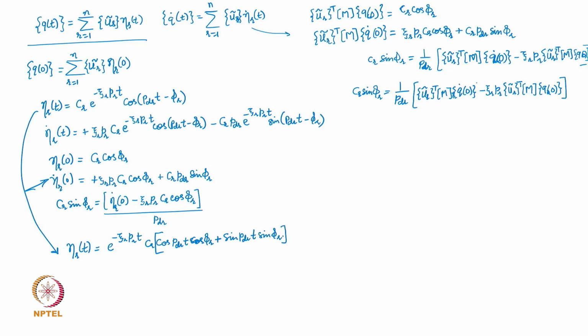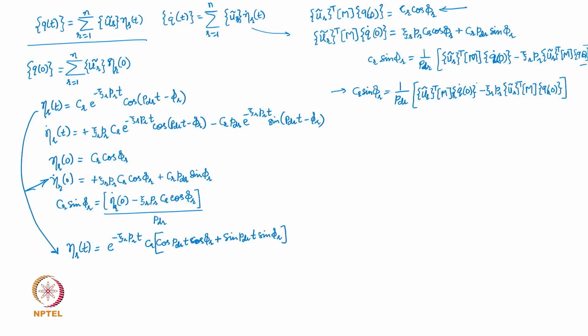Okay, and now you can replace C_r cos phi_r from this expression and C_r sin phi_r from this expression. So they are again all in terms of mass normalized modal vectors, the system matrices and the initial physical condition.